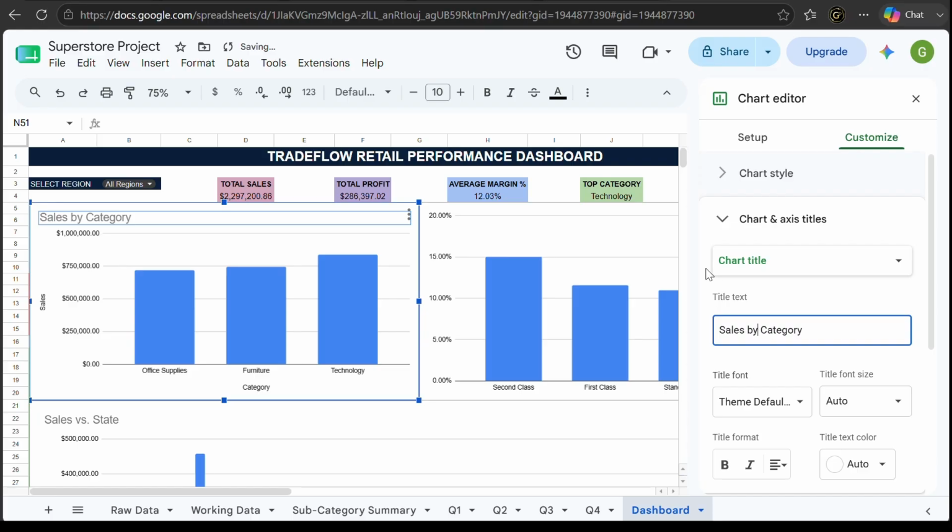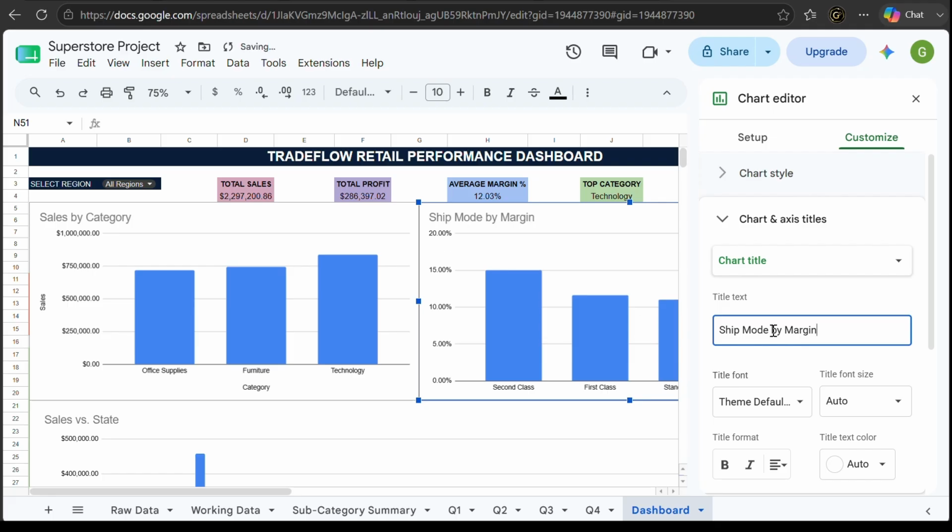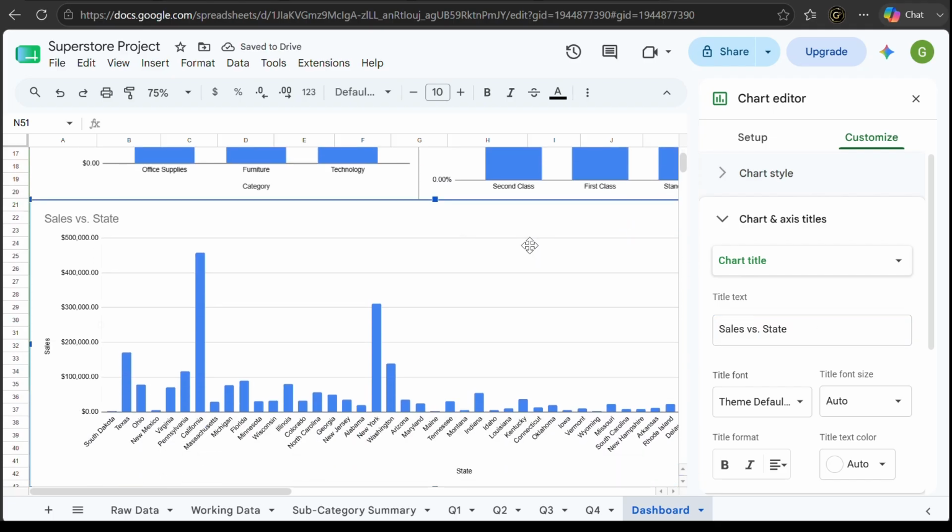Yep. For our second chart, the same thing is going to happen. The chart title, we're looking at second class and what have you. So that's going to be ship mode by margin. Then the next chart we are going to have, this is sales by states.